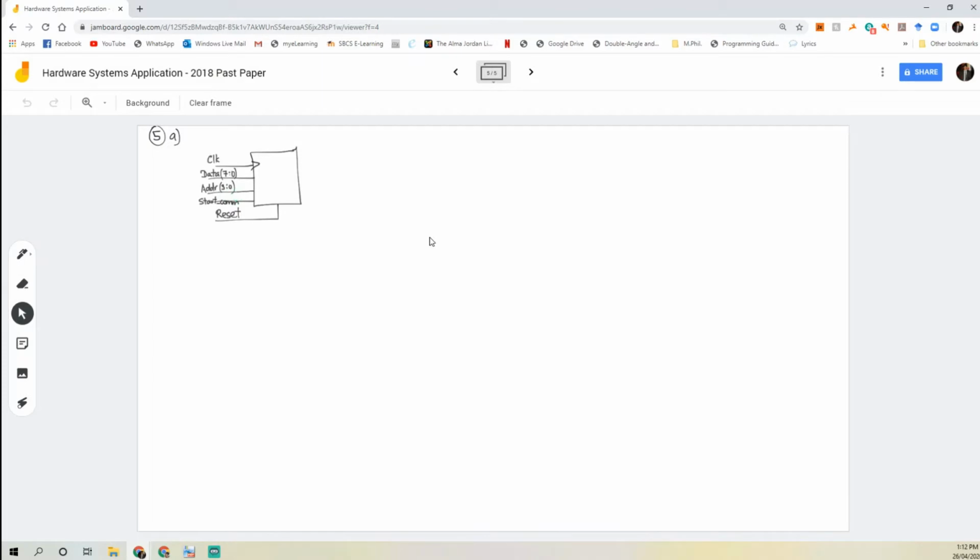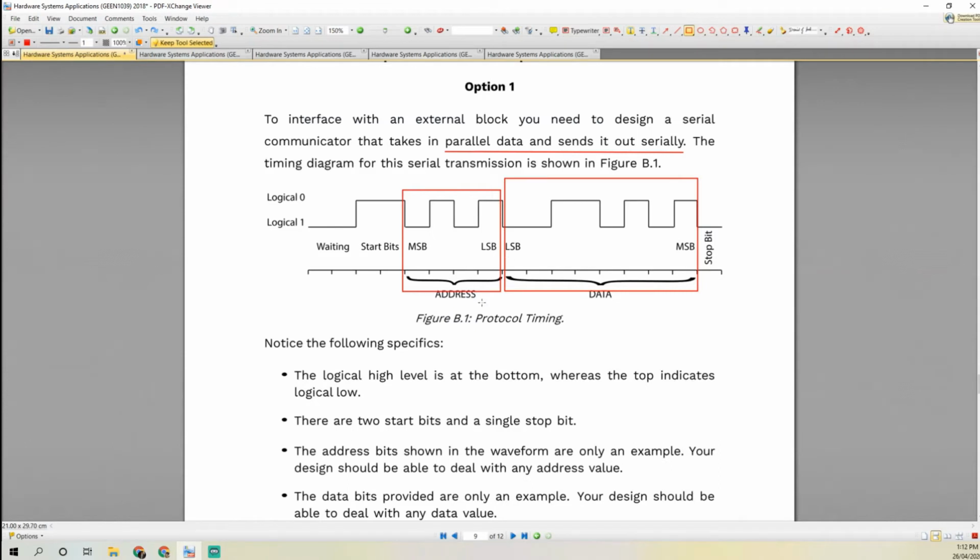The next thing we know from the diagram is that these bits are sent out serially, right? That's what we have underlined up here. It says that it takes in that data in parallel and sends it out serially. What is meant by serially? Well, that means 1 bit at a time. So our output, we will now call our data out.